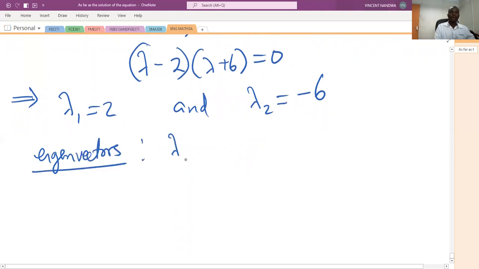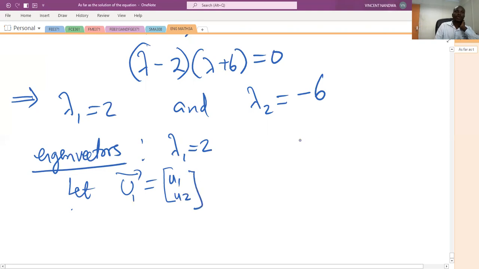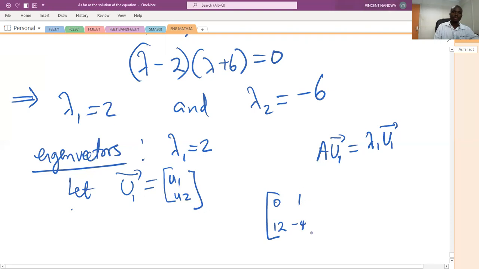So you start with lambda 1 equals 2. We let the eigenvector be of the form u1, u2, because this is a 2 by 2 matrix. So we have to solve the equation Au equals lambda 1 u. So the A matrix is 0, 1, 12, minus 4, times the u matrix u1, u2, equals 2 times u1, u2.